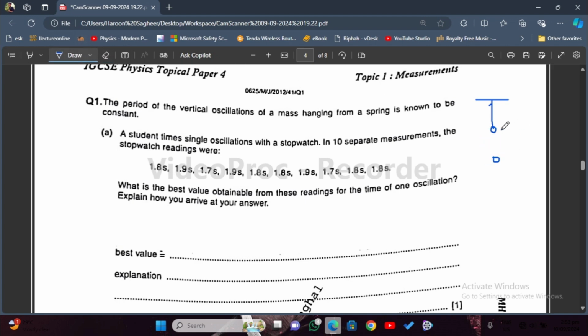Now if we take that pendulum all the way here to a new position called A, and we leave it, it will start traveling from A all the way to O, but it will not stop here. It will go all the way up to B. Now the period is basically defined when it starts from A and comes back all the way to A, not at B. That would be half a cycle.